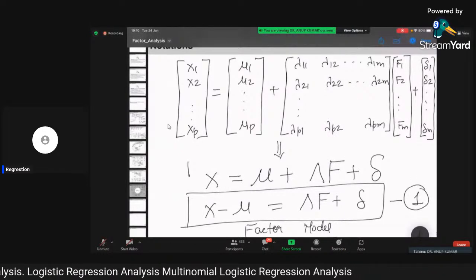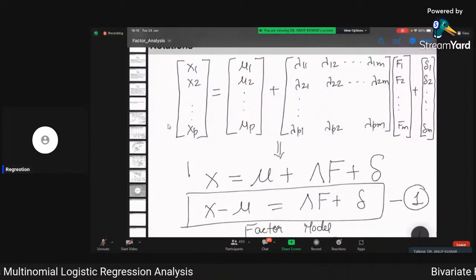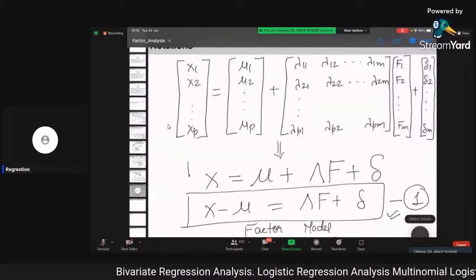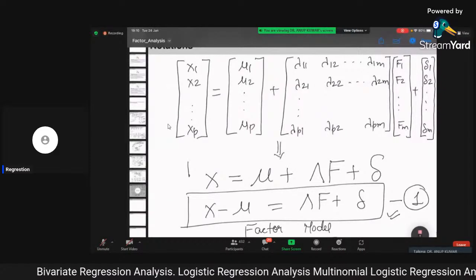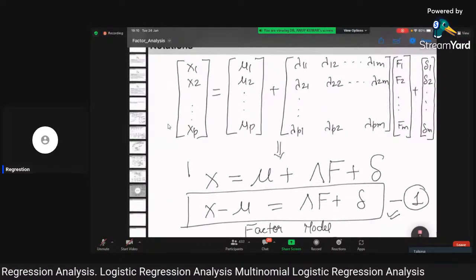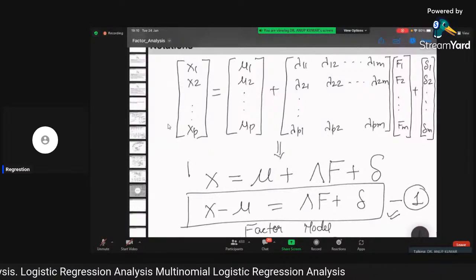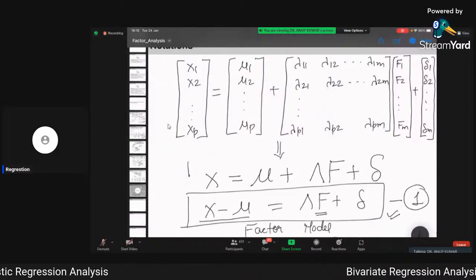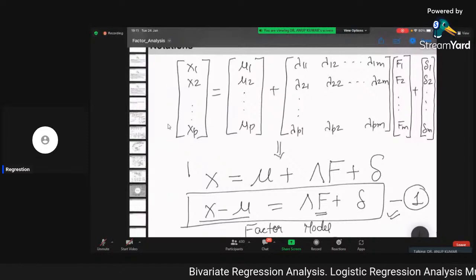You can see how beautifully this is actually the regression equation between the observable and unobservable quantities. This model is termed as the factor model.